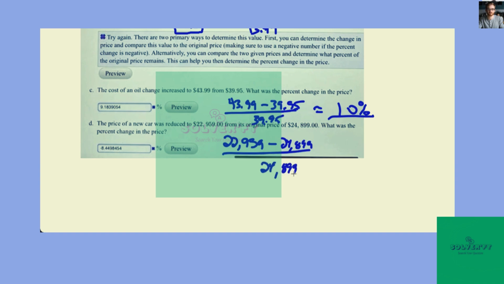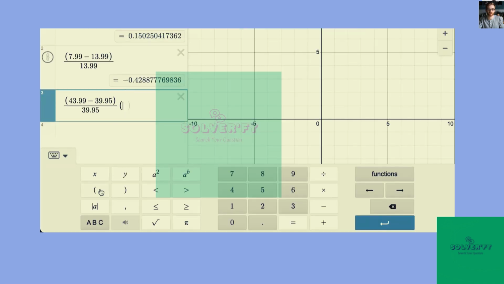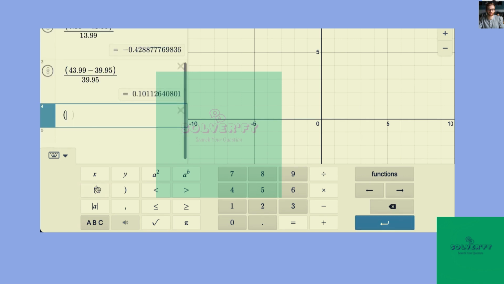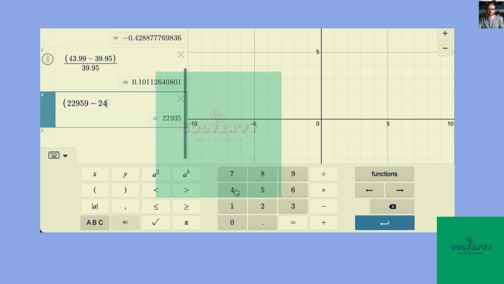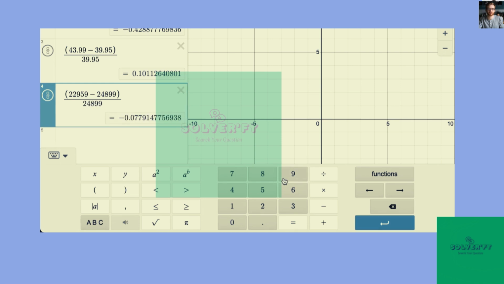It's the difference between them compared with where it started. So 22,959 minus 24,899, compared with the 24,899. It changed about 8%, about 7.8.